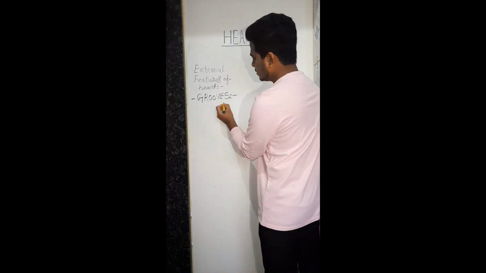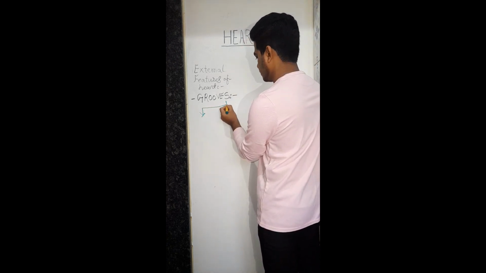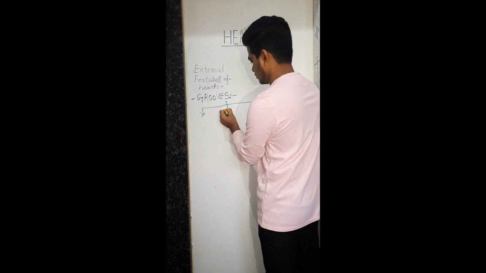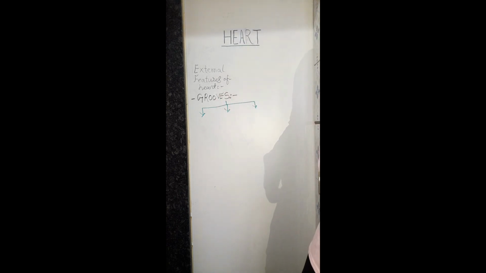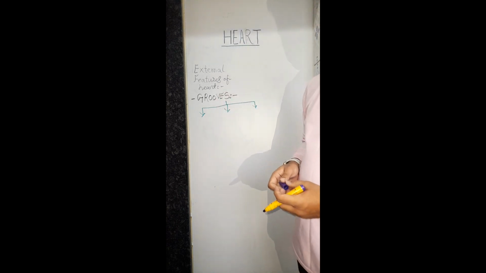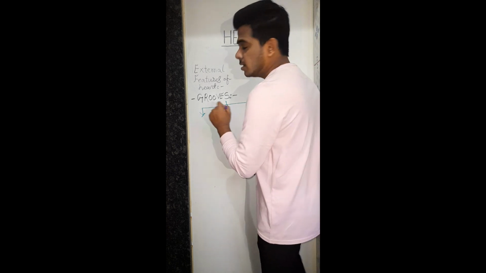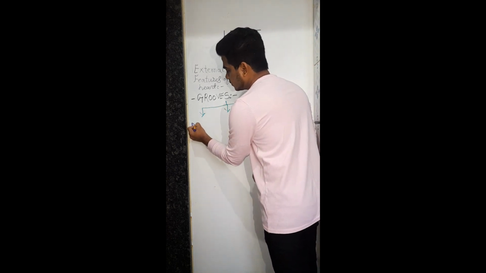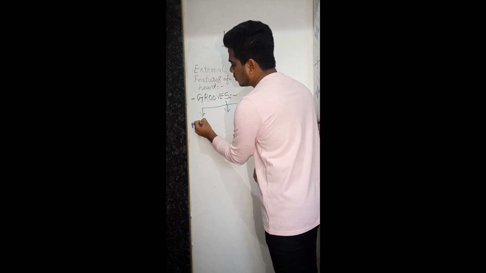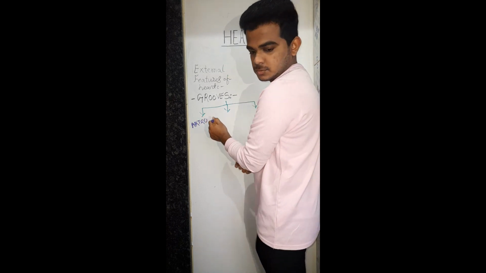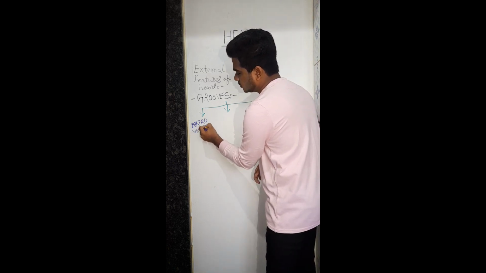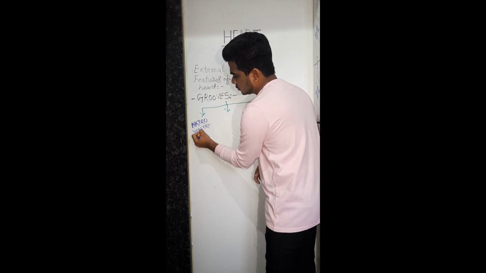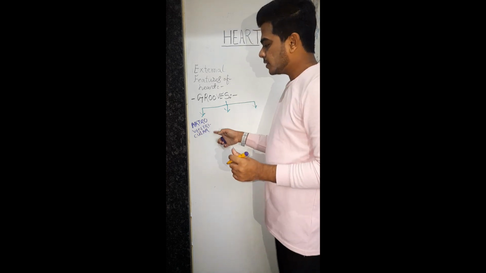If you see, there are three grooves. The first groove is known as the atrioventricular groove.